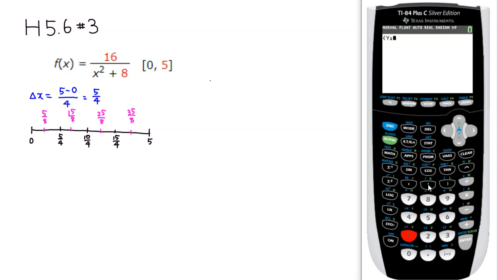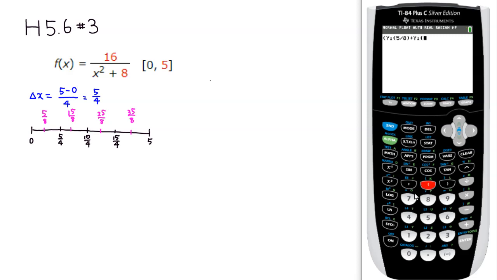Then in parentheses plug in 5 over 8, so 5 divided by 8, and a right parenthesis. And add, then go to Y-Vars, Function, y1 again.